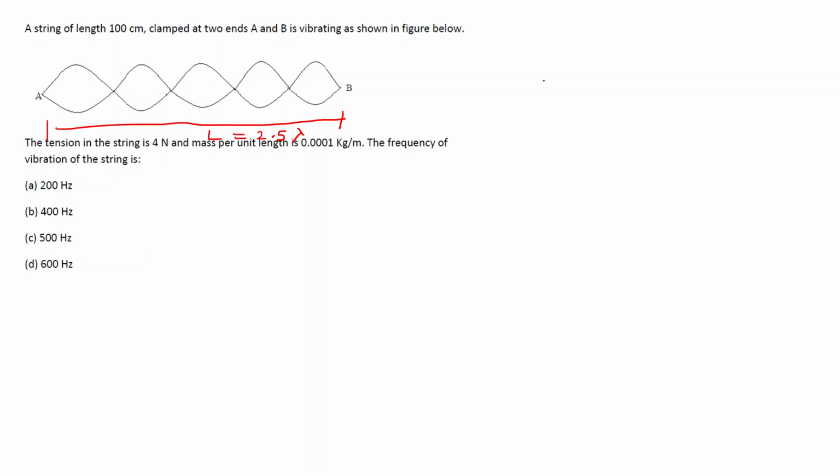And the relation we know is L is given by n lambda by 2, right? When we equate these two, 2.5 lambda, we can clearly see this implies n is equal to 5, and we can also see this is 1 2 3 4 5, n is equal to 5 mode.